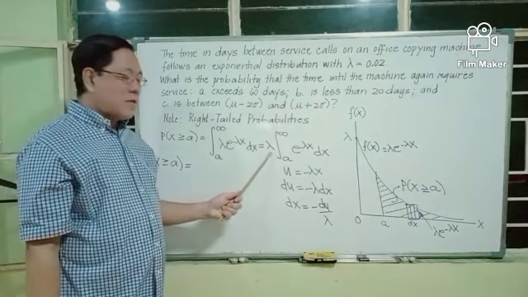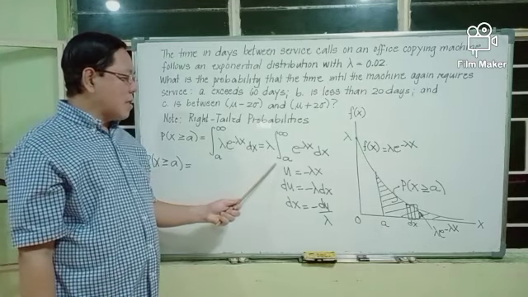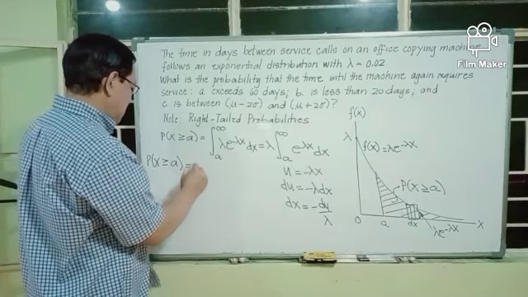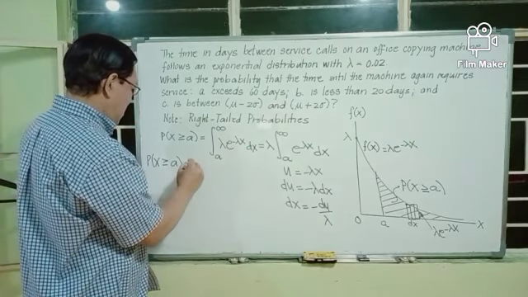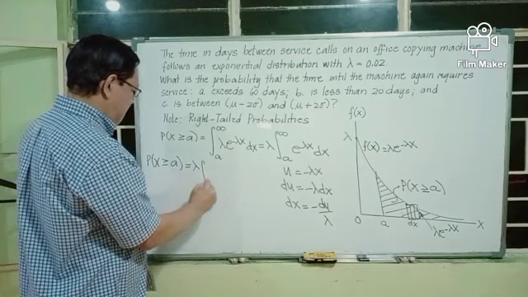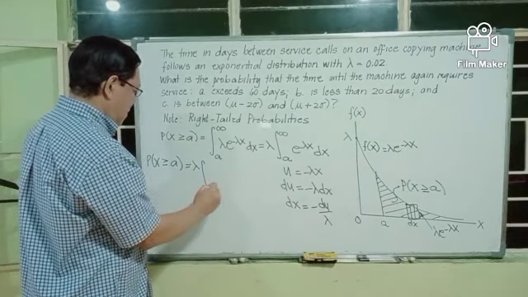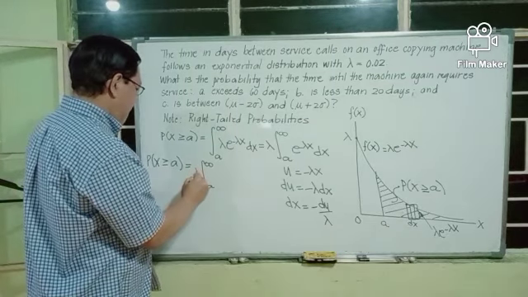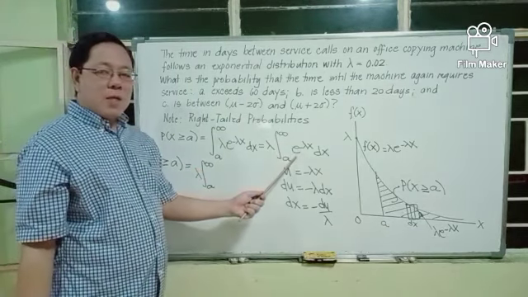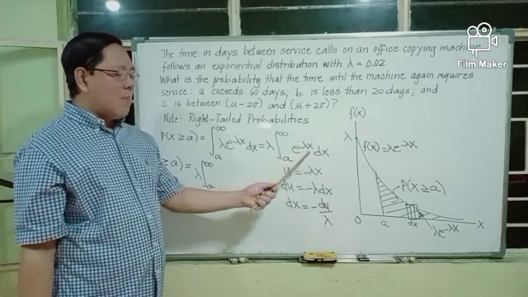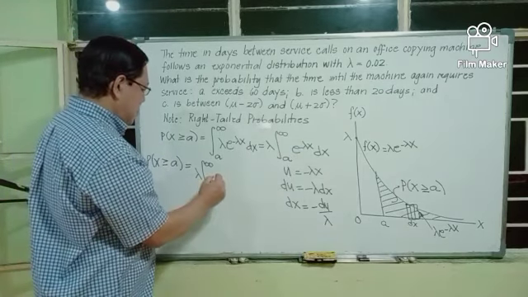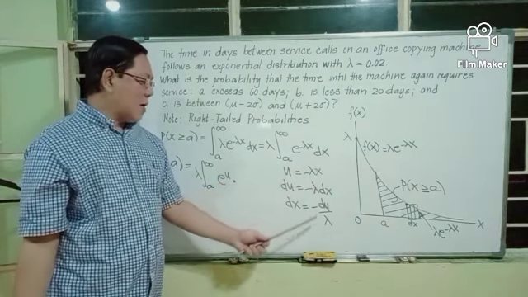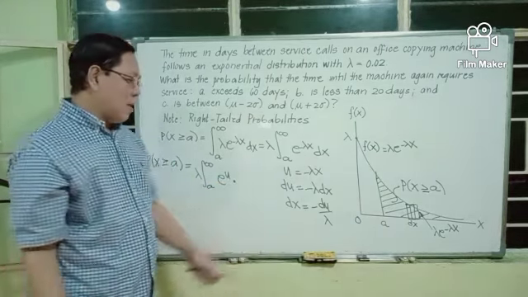This integral is now lambda times the integral from a to positive infinity. The integral of e to the minus lambda x is e to the u, multiplied by dx, which is minus du over lambda.